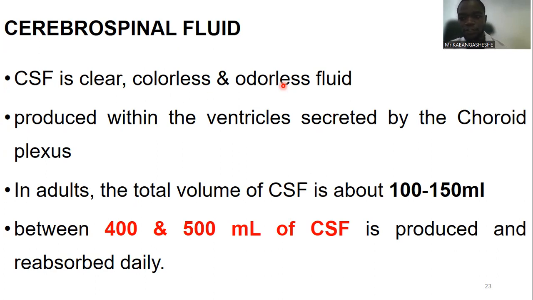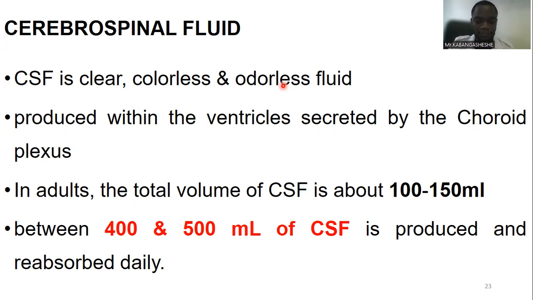So you can call them low cuboidal cells. And if I can refer you back to epithelial tissue, you know the function of cuboidal cells. Cuboidal cells are highly associated with absorption, okay, whereas columnar cells are highly associated with secretion.